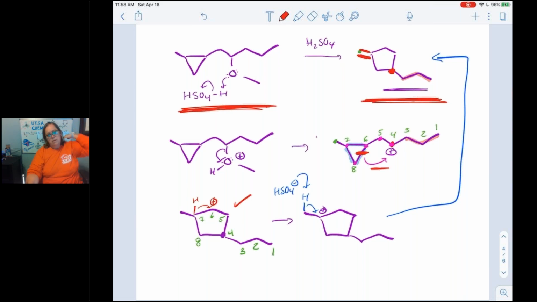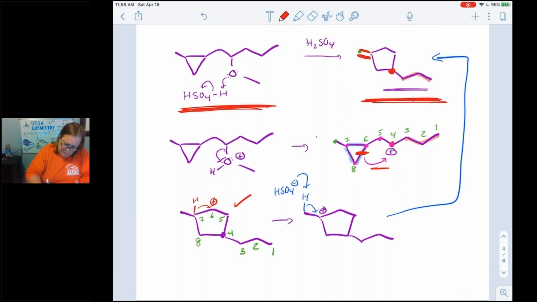I have another question. Instead of the hydrogen being on that tertiary carbon at number 7, let's just say another methyl group, then we could do a methyl shift from 7 to 6.